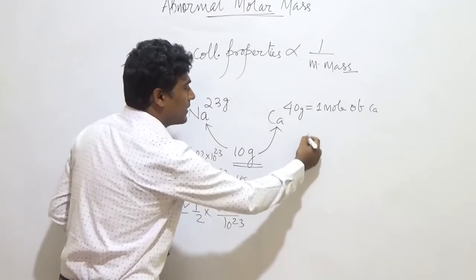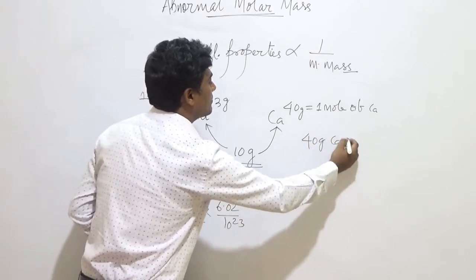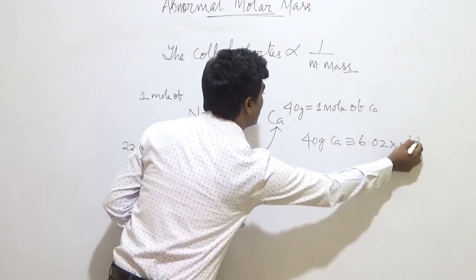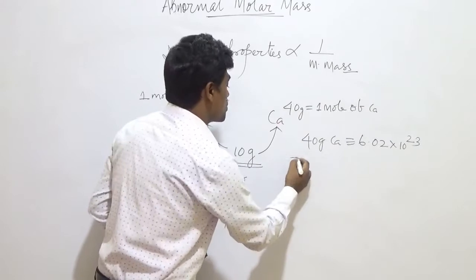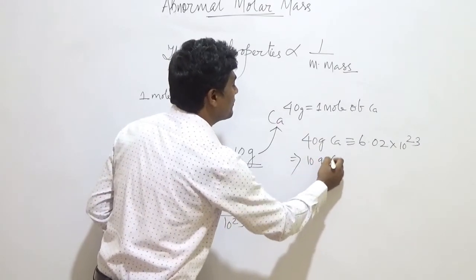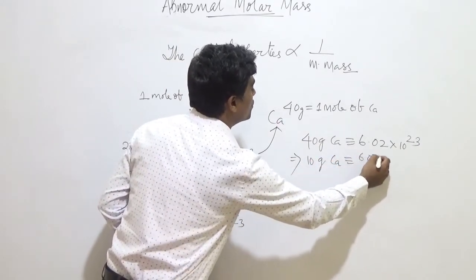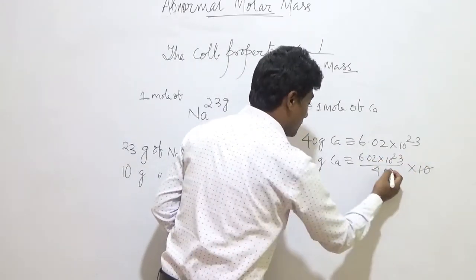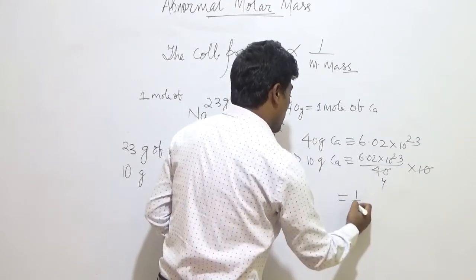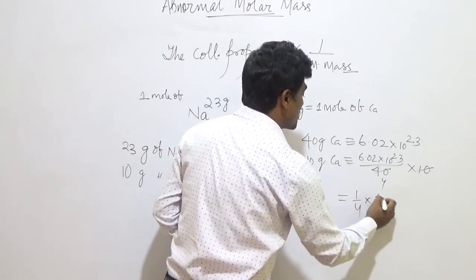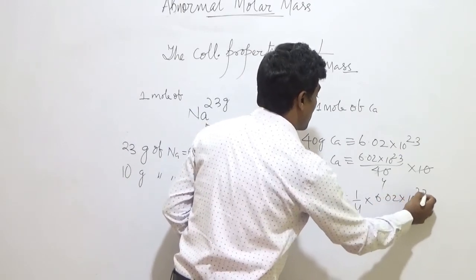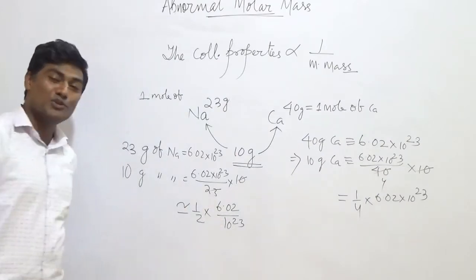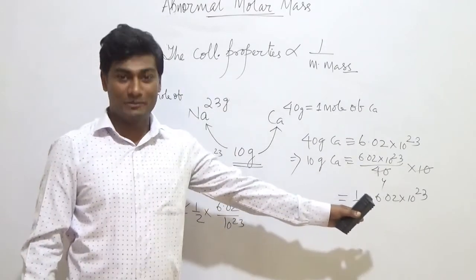Whereas 40 gram of calcium gives you 1 mole, meaning 6.02 into 10 to the power 23 calcium atoms. So for 10 gram of calcium, that gives you 6.02 into 10 to the power 23 by 40 into 10, and if you simplify, it gives you almost 1 by 4 into 6.02 into 10 to the power 23, which is small.